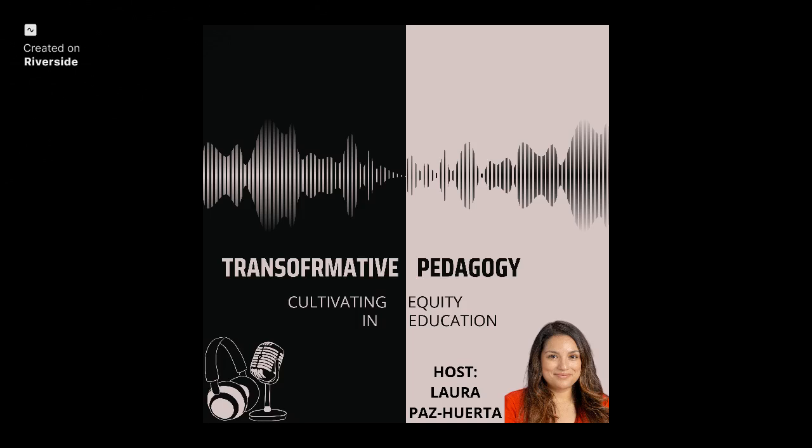This is where the social justice in education part comes in. These disparities are not indicative of a lack of potential in our EL students, but rather the result of structural inequalities.